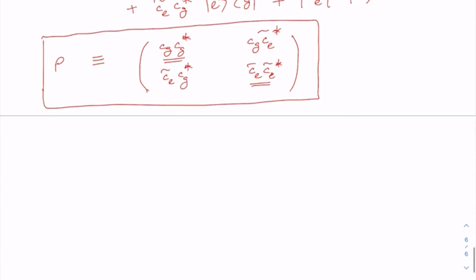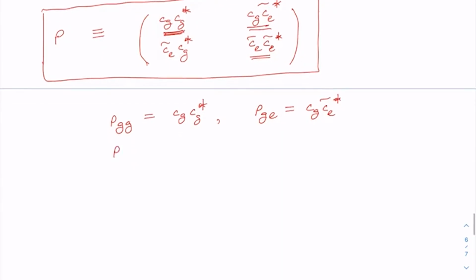If I define my matrix elements, say rho ZZ, this first element is mod Cz square, and then rho ZE is equal to Cz Ce tilde star, and accordingly I will have rho EZ, that would be Ce tilde Cz star, and I will have rho EE, that would be Ce and Ce star.